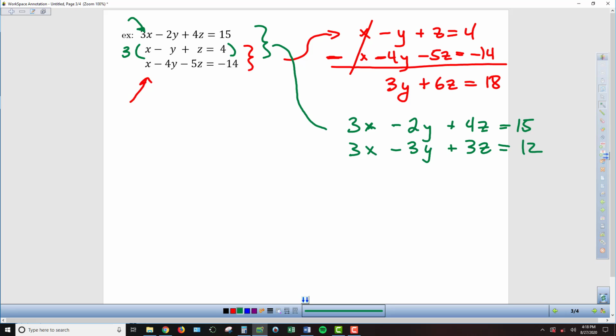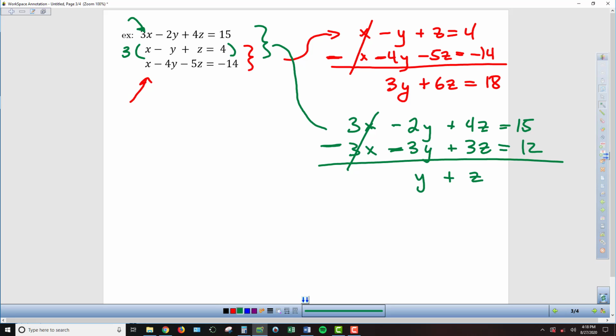And now once again, I'm going to subtract these equations to get rid of the x's. So if we do that, the x's are gone. We have that same issue only once this time where we're subtracting a negative, so negative 2y minus negative 3y becomes negative 2y plus 3y, which is just y. Now it's 4z minus 3z, so that's just going to be z.